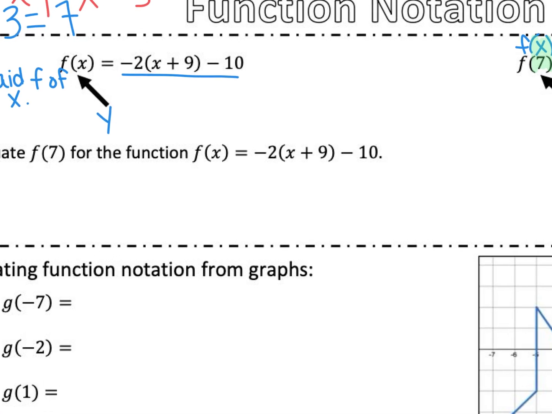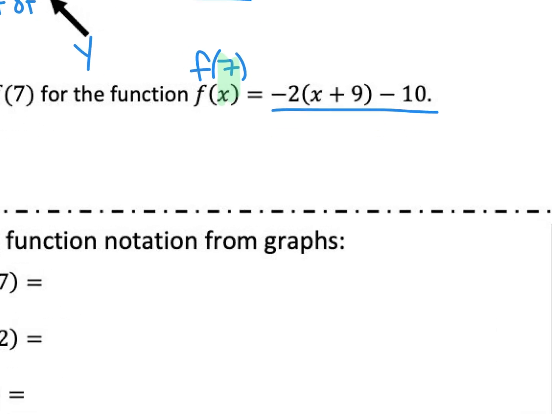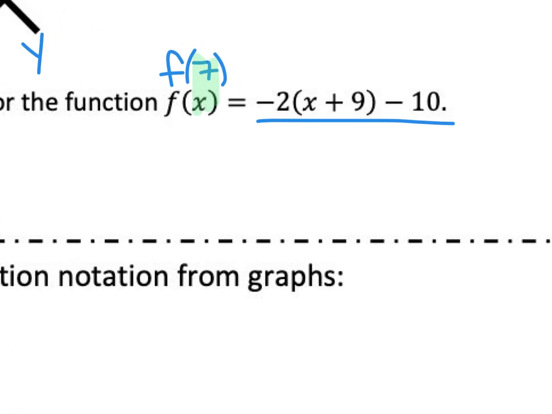So if we go back here, it says evaluate. Guys, don't stress over that word. Evaluate just means solve. F of 7 for this function, okay? So really, f parentheses 7 is just saying that x is 7. So if we're going to simplify this, then whenever I see x, what am I going to put? 7.